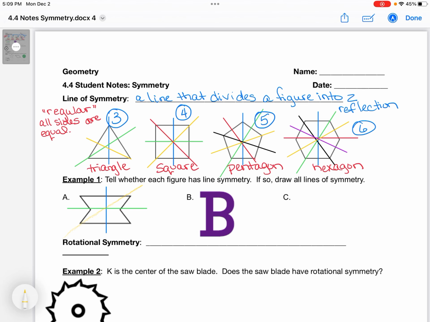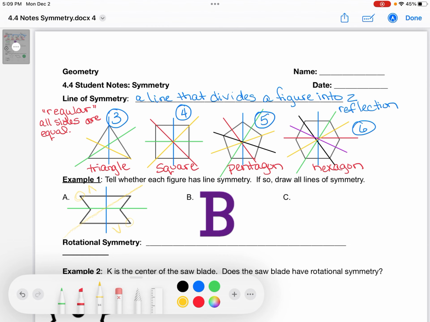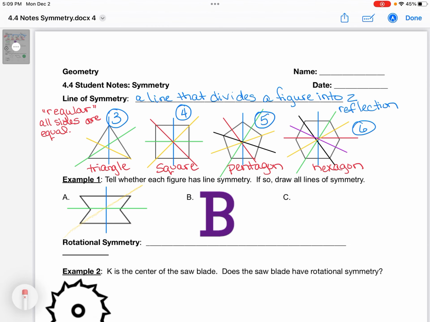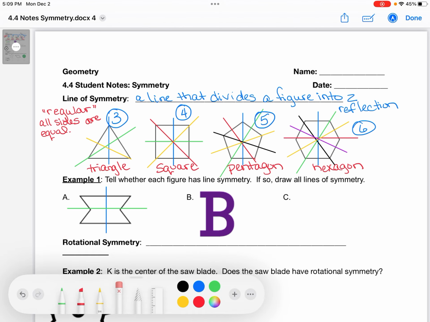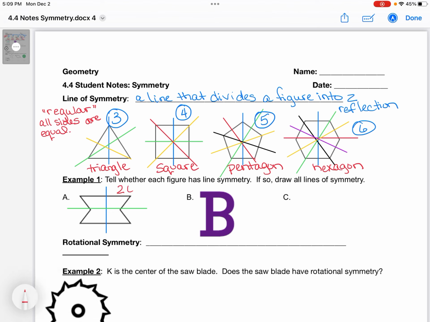It's hard to see without folding your paper, but if you did this, this corner would end up right here, not lined up. This one would end up right here. So they don't really line up and would not lay on top of each other like a reflection. They would miss each other and it would not make a reflection. So this only has 2 lines of symmetry.